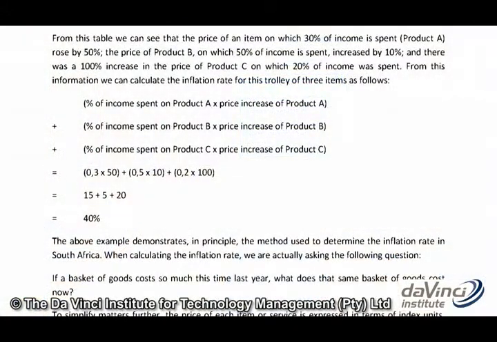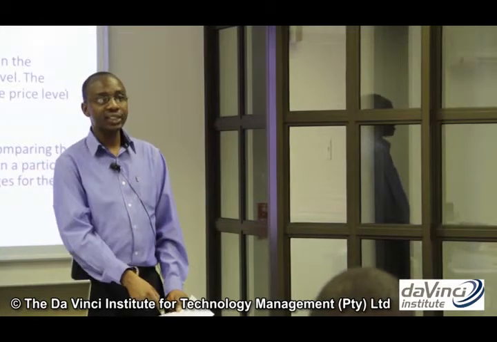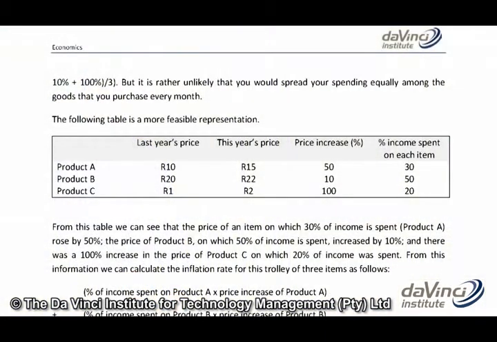So do you see that you've got in brackets 0.3 by 50, right? That is product A. You do the same with product B, you do the same with product C, and then you find on average, the prices of these three goods have increased by 40%. You see that? But when you look at these three goods, product C actually increased by 100%. You see that?